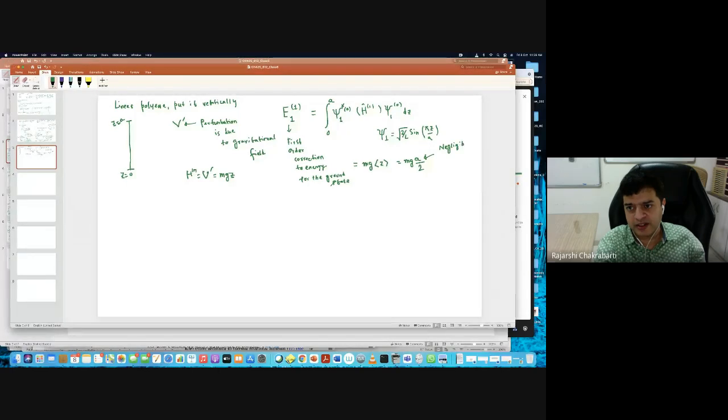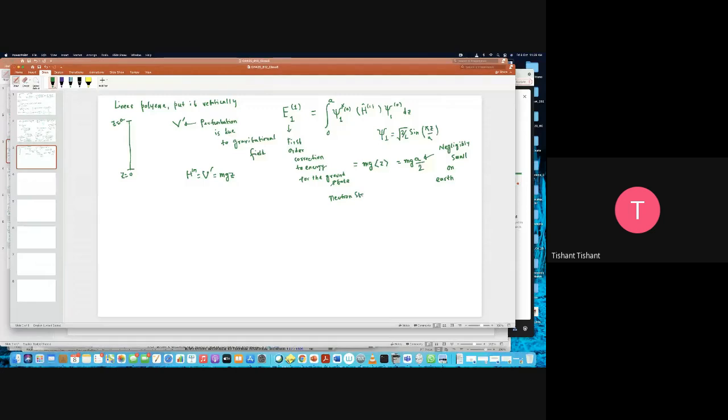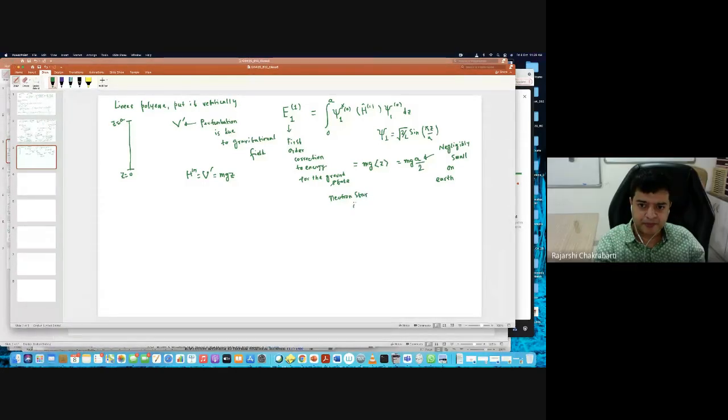But that is with the assumption that you are on Earth. If you go to a neutron star, what will happen? The value of g will increase really a lot, because the acceleration due to gravity is different on a neutron star.